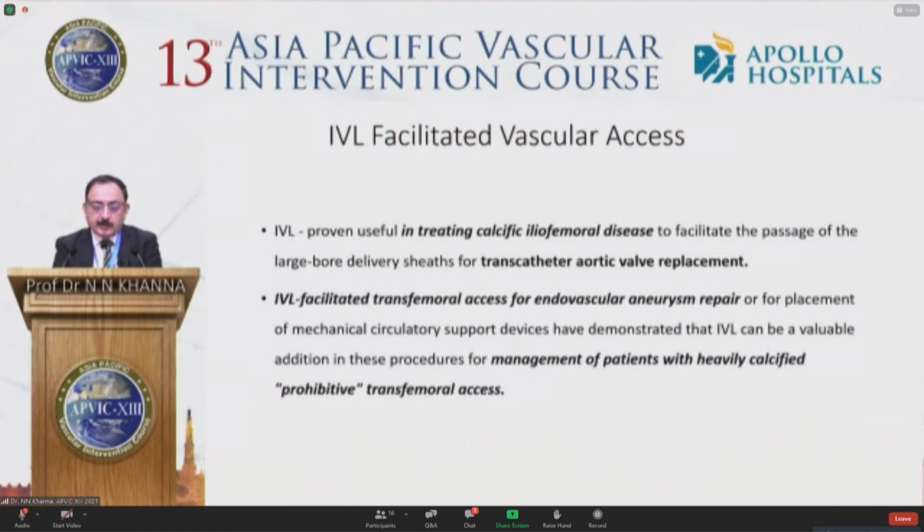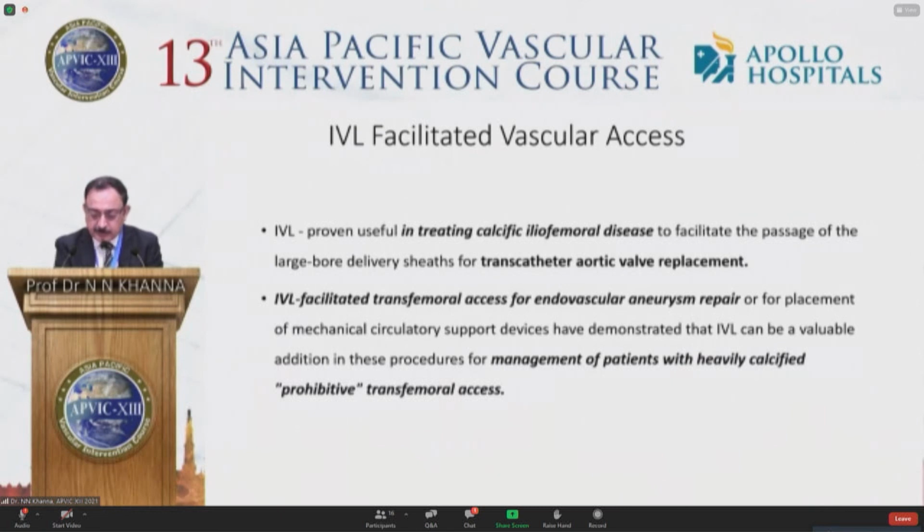And so IVL has a proven role in treating calcific iliofemoral disease. It has a proven role now in facilitating vascular access for large bore devices, both for transcatheter aortic valve replacement and even larger bore devices for doing EVARs and TEVARs in heavily calcified, prohibitive transfemoral access.